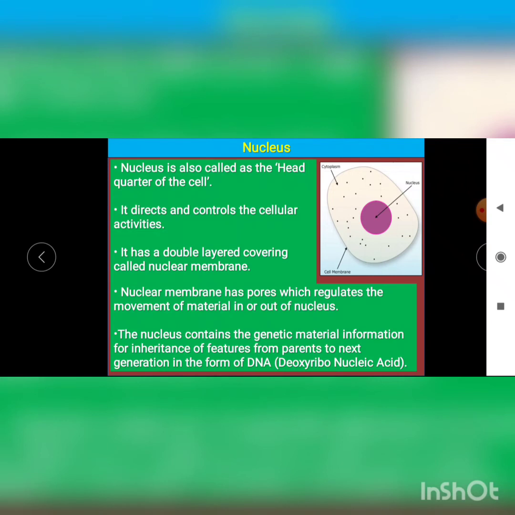The main purpose of the nucleus is that it contains the genetic material, the information for inheritance of features from parents to the next generation in the form of DNA. It is one of the most important functions of a nucleus. When an offspring is produced, you will see that the offspring shares some features with its mother and some with the father.